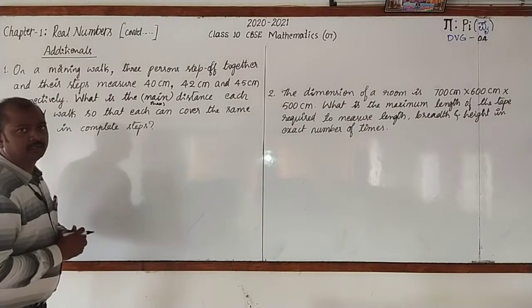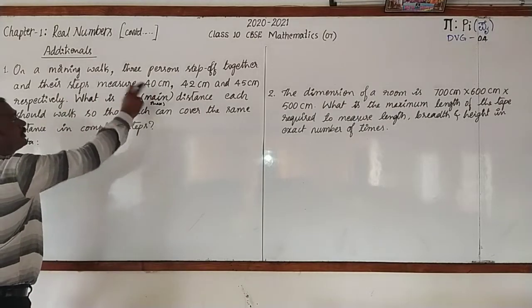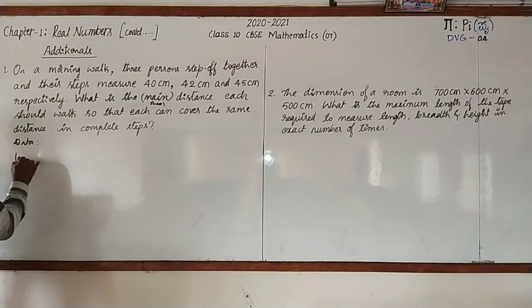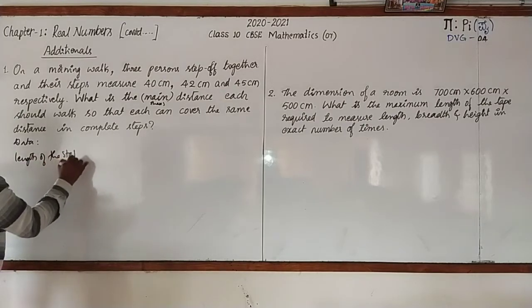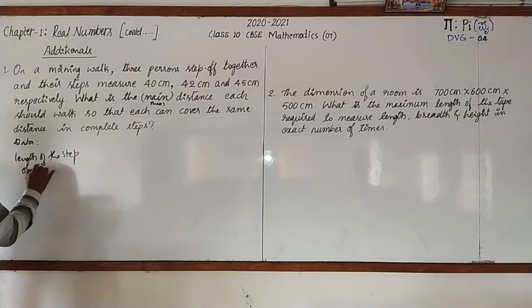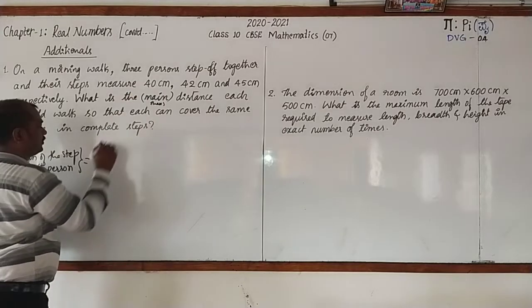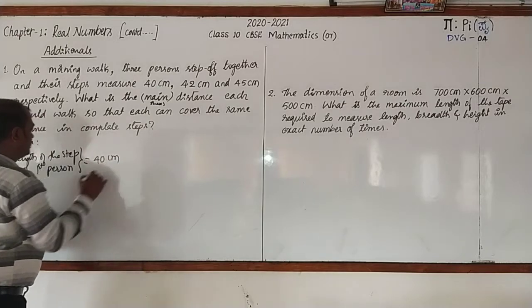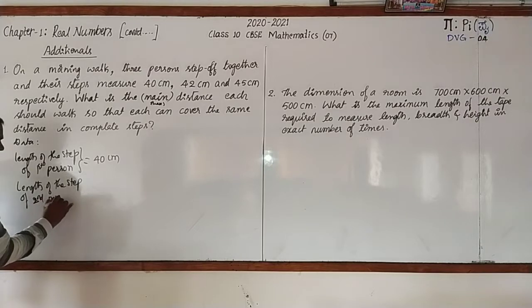Here, let me write the data. Length of the step of the first person: how much? It is 40 centimeter. Similarly, length of the step of the second person: how much is it?